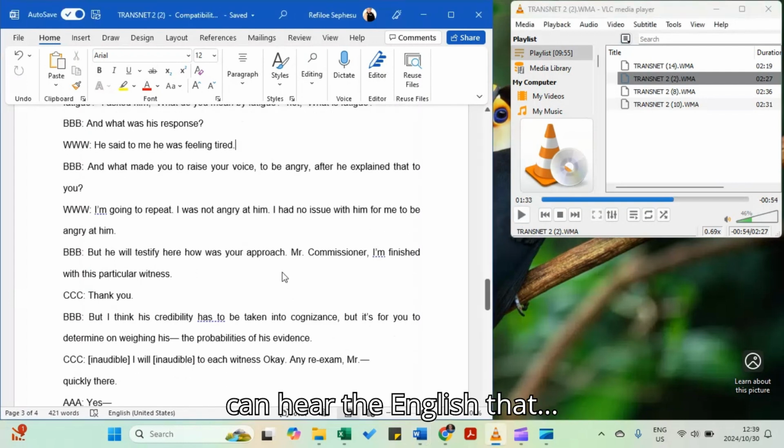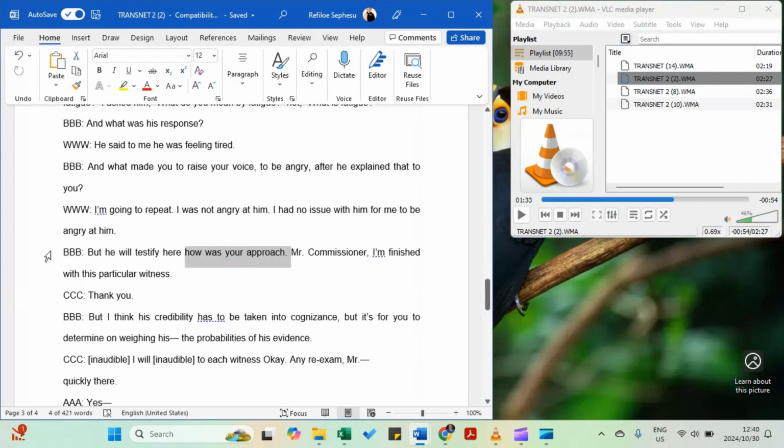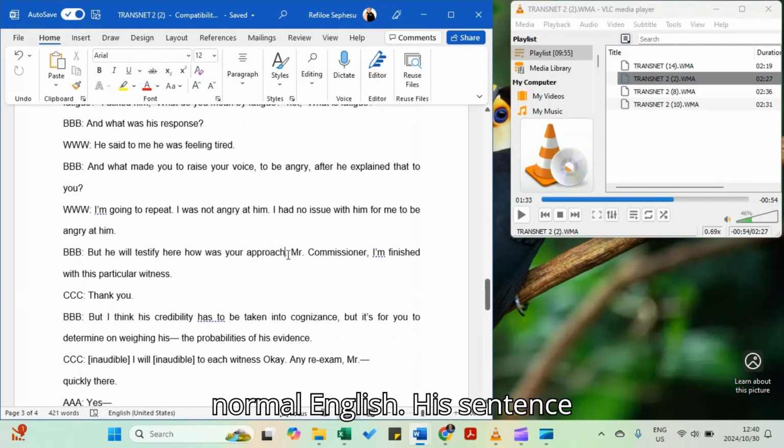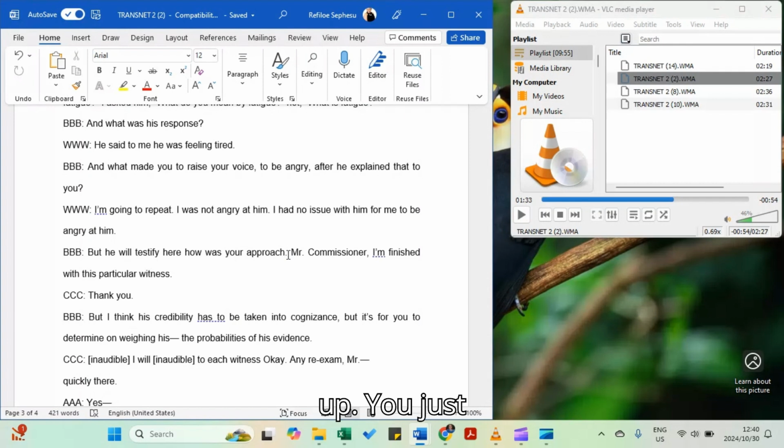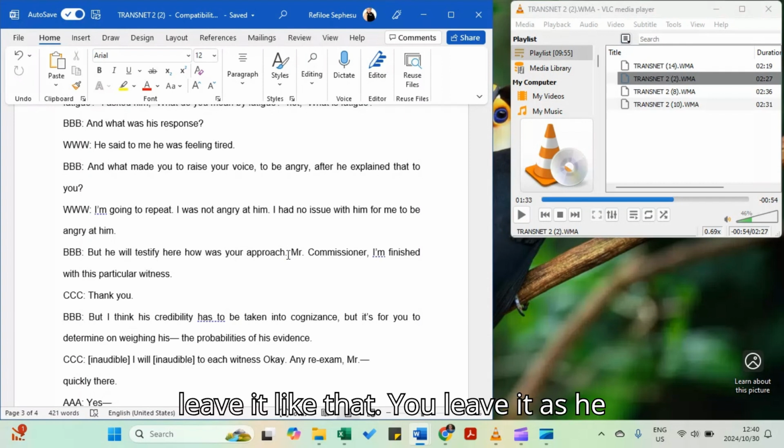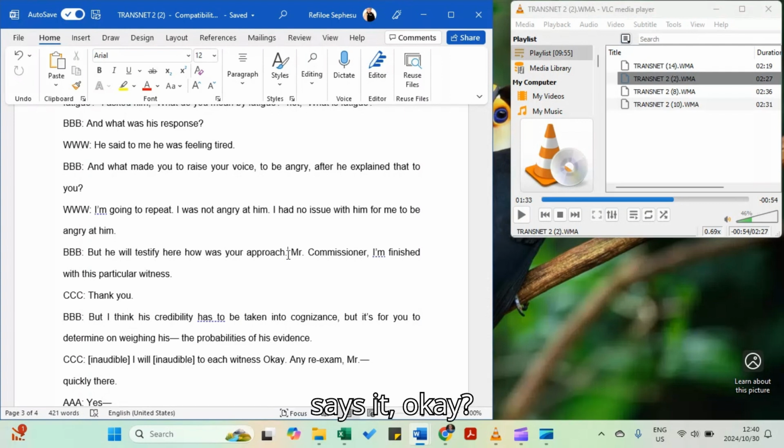Okay. You can hear the English that this rep is using is not normal English. His sentence construction, his words are jumbled up. You just leave it like that. You leave it as he says it, okay?